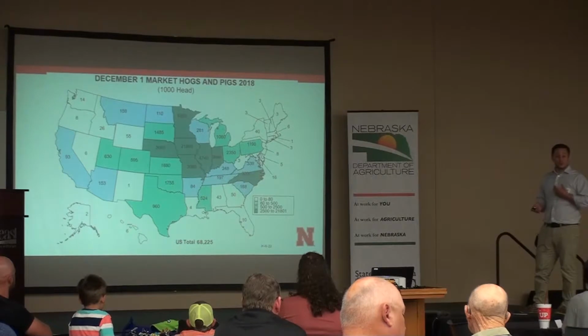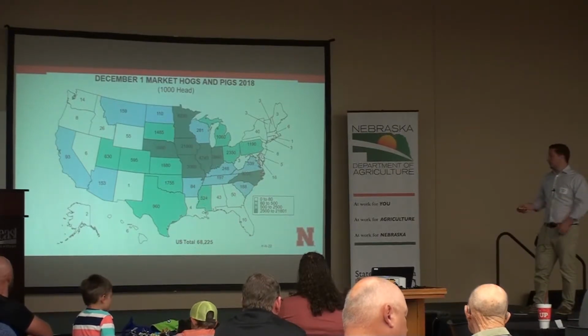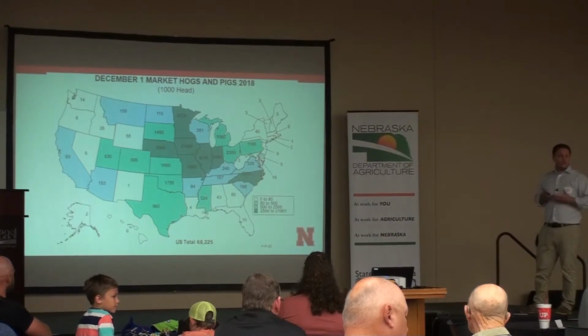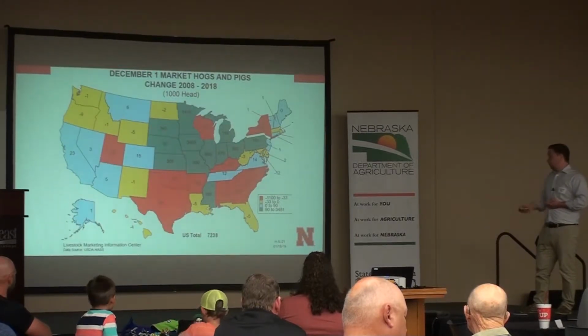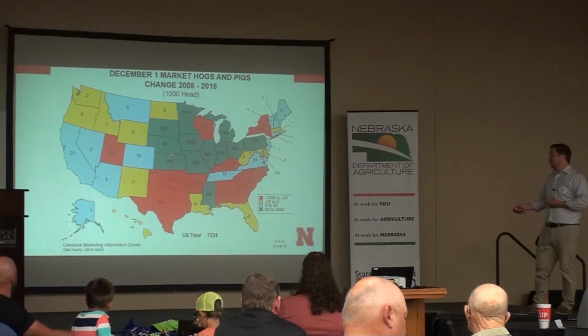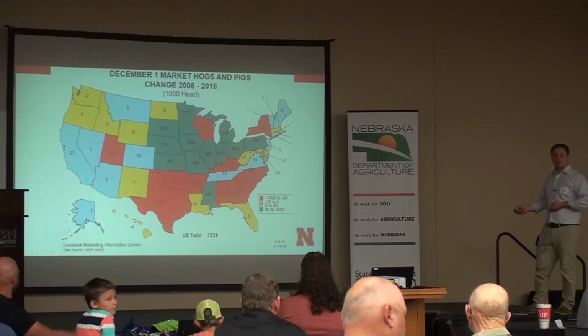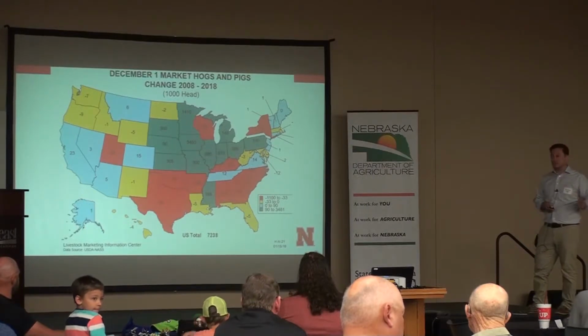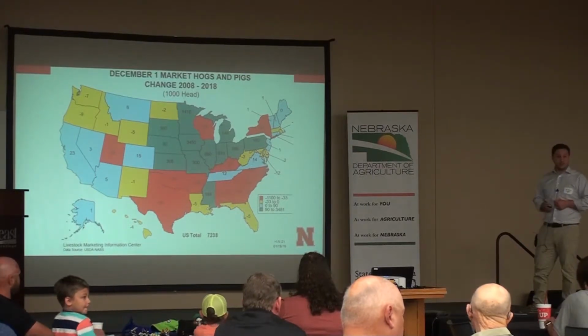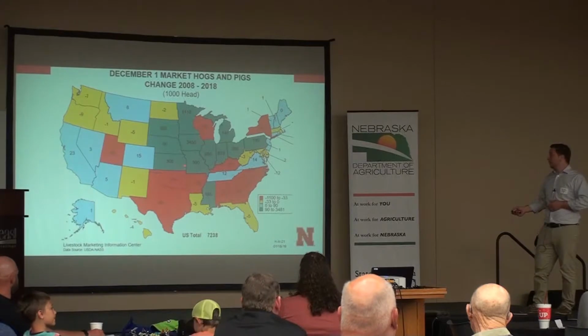We produce a lot of hogs there, but that's in 2008. How much have we expanded this production over time? Nebraska has still improved production, but not at the rate that other places have improved their market hog production. That's about 90,000 head from 2008 to 2018, a change over a 10-year period.